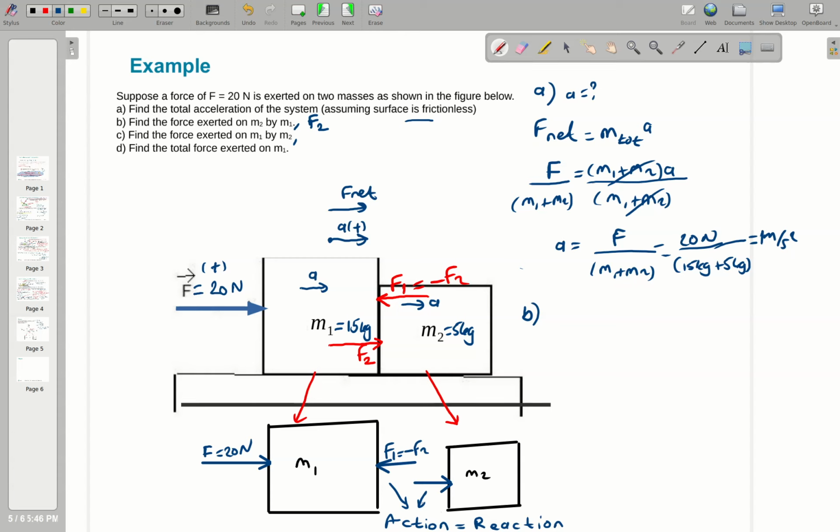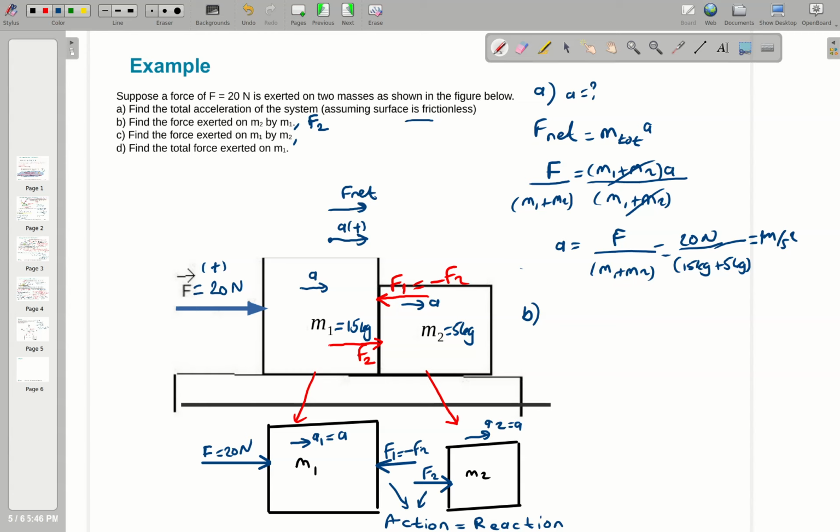So Newton's third law tells me F1 is equal to minus F2. One more piece of information is that each mass separately has acceleration A. So A1 is equal to A and A2 is equal to A. And I got A, 1 meters per second squared.